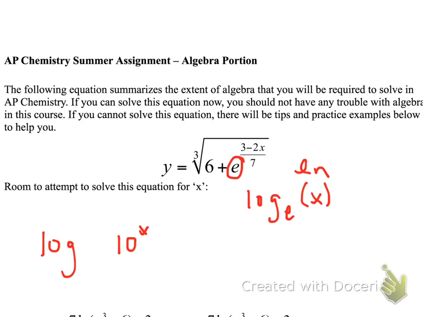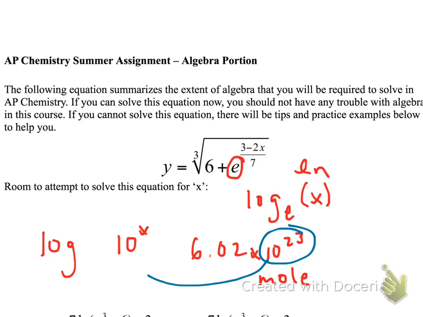So you may have seen this number before, 6.02 times 10 to the 23rd, which is a mole. And so this portion here that we're looking at, 10 raised, that's related to this 10.